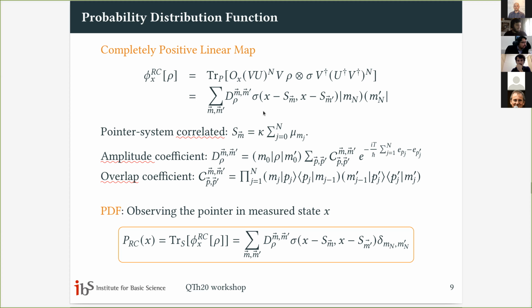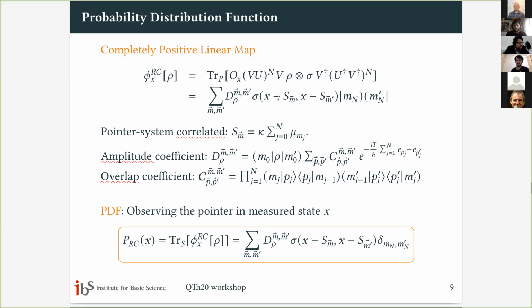The D here represents some amplitude coefficient which gives you overlaps between the eigenvalues of your Hamiltonian, the eigenstates of your Hamiltonian and eigenstates of your measured operator. So there's an amplitude and an overlap coefficient which is highly complex, but the key point here is that you shift it by the sum.